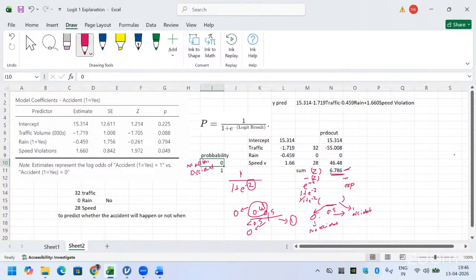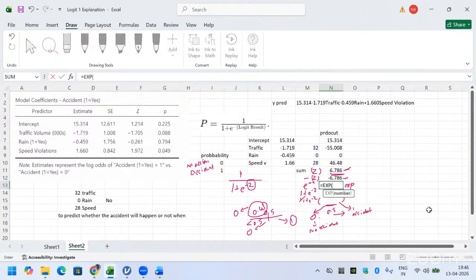Okay, so now I'm going back to my regular Excel. This is equal to minus 1 multiplied by this particular value, so this gives me my negative z. Next is the exponential of my negative z. Either you can do it like that or find it like this.